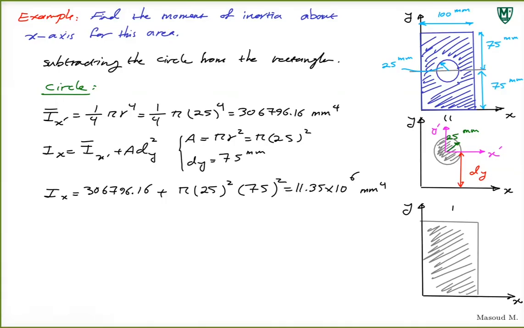And one important note: when you're calculating area moment of inertia or moment of inertia for some area, if the dimensions are given in a specific unit, let's say millimeter, keep everything in millimeter. If they're given in meter, keep everything in meter. If you use meter and start rounding the numbers, you lose a lot of accuracy.